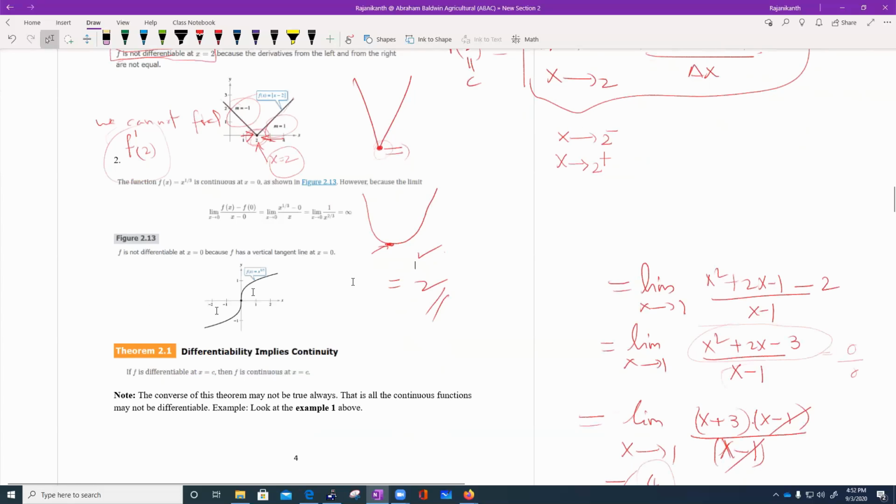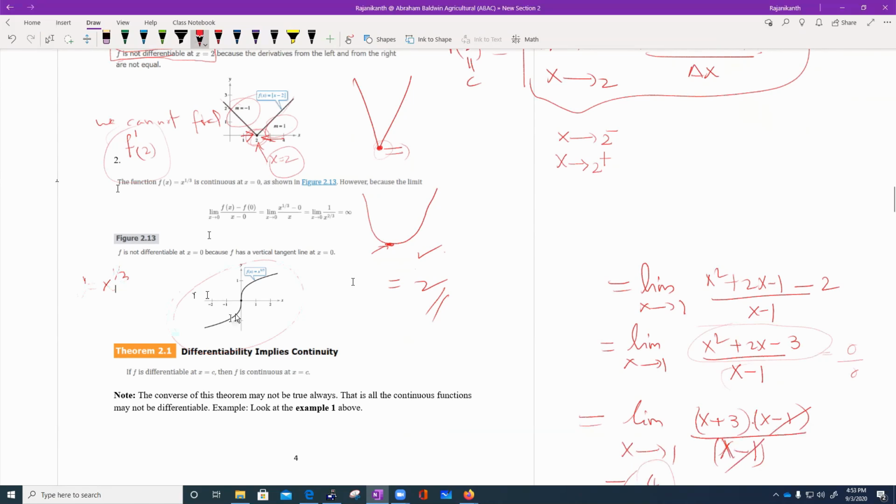So now the next one, if you look at problem number 2, we have already been given a graph. This graph is for y equals x to the power 1/3. This graph seems like a very smooth graph, right? No sharp turning, a very good smooth graph.